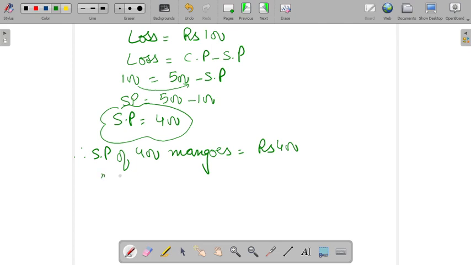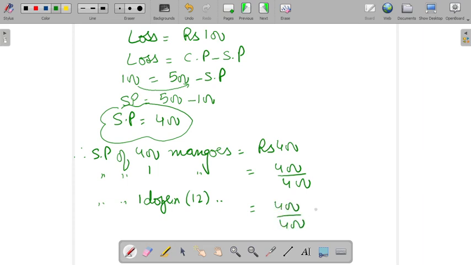Now we have to find out the selling price of 1 dozen. Again we will use the unitary method. Selling price of 1 mango equals 400 upon 400, and the selling price of 1 dozen, which means 12 mangoes, is 400 upon 400 multiply 12.